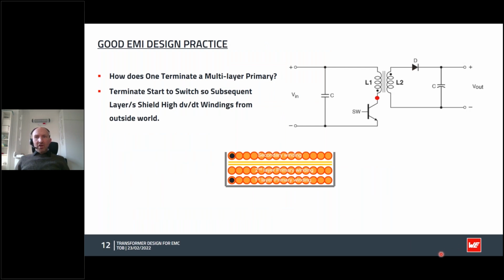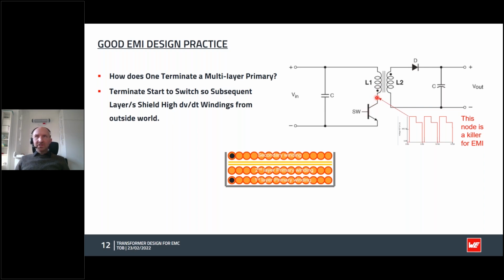So then there are also good approaches we can take in how we wind our transformer, which significantly help to reduce the EMI. The drain of the switching node of the winding should definitely not be adjacent to this primary secondary border. On a typical power supply, again, we have our primary winding connected to a switch.